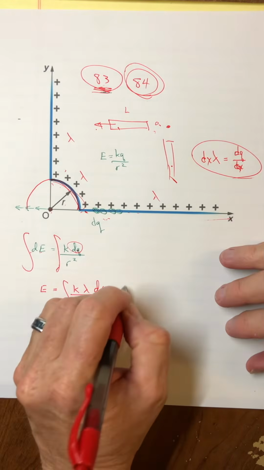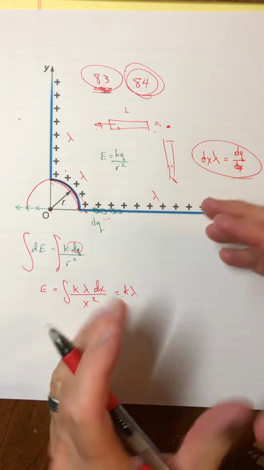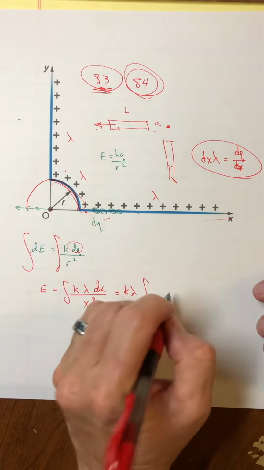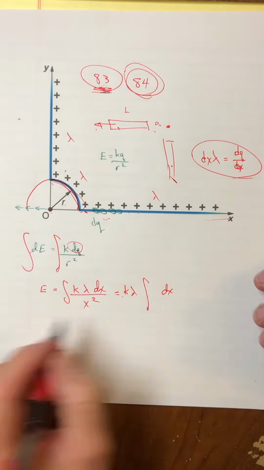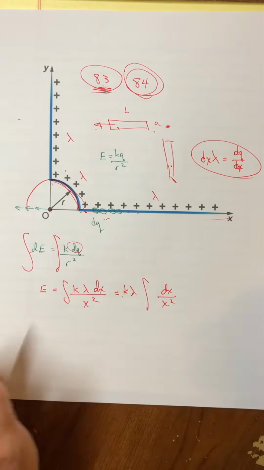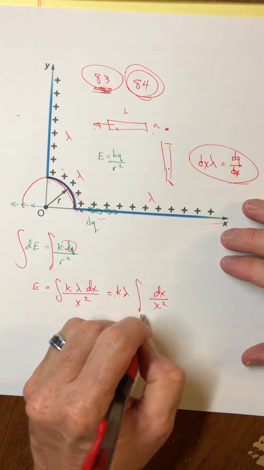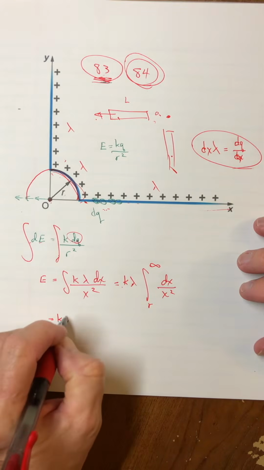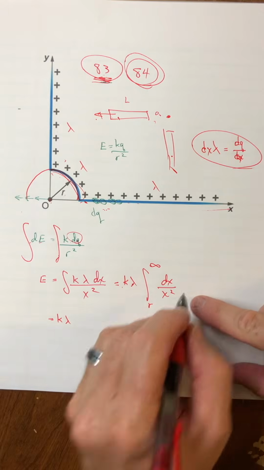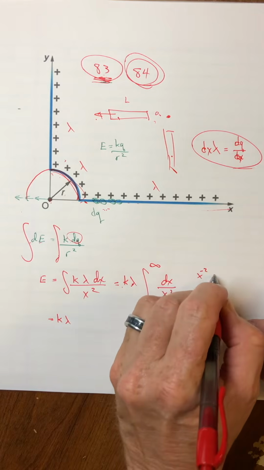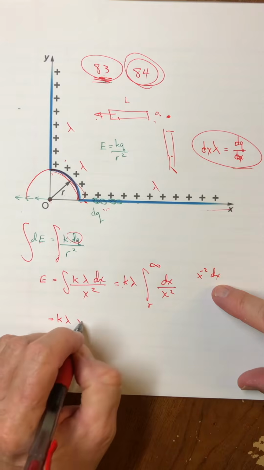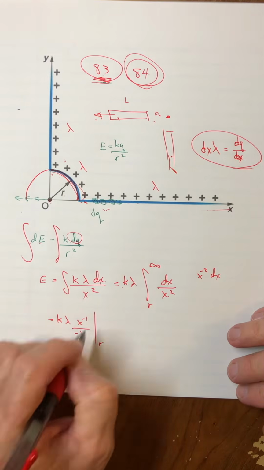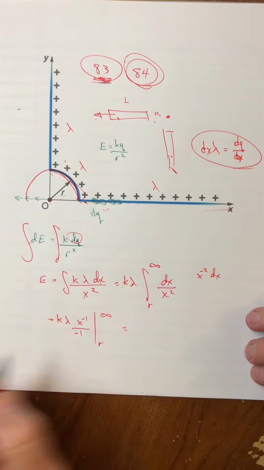Like with any integral, the first thing to do is to say what the constants are and bring them out in front. Fortunately, it's not too hard of an integral, and the limits are from R out to infinity. So I'll have kq. If you think of this as x to the negative 2 dx, you add 1 to the exponent and divide by that new exponent, and then take your limit from R to infinity.